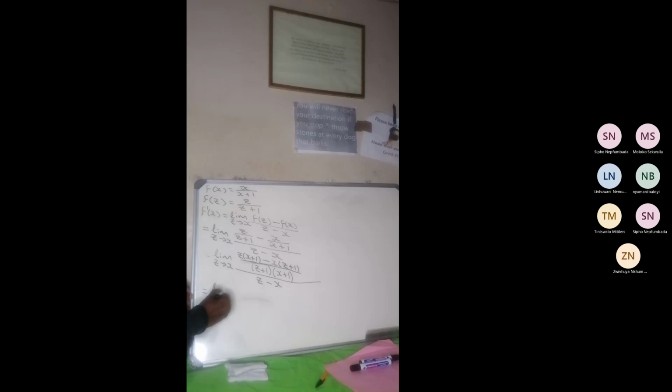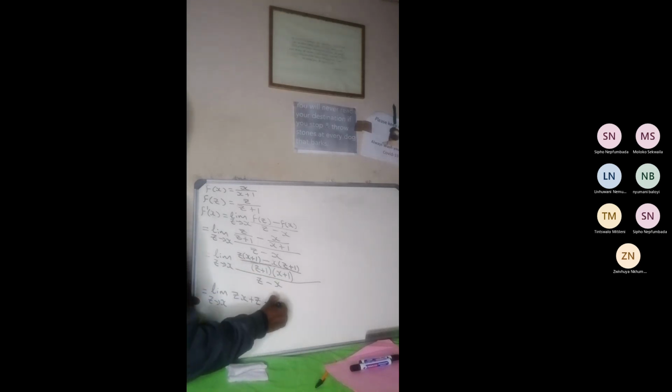Then on our numerator, we remove the bracket. This is the limit of z approaching x. x times z, we have got what? zx or xz is up to us. So we've got zx. z multiplied by 1, positive z. Then negative x multiplied by z, we've got negative zx.